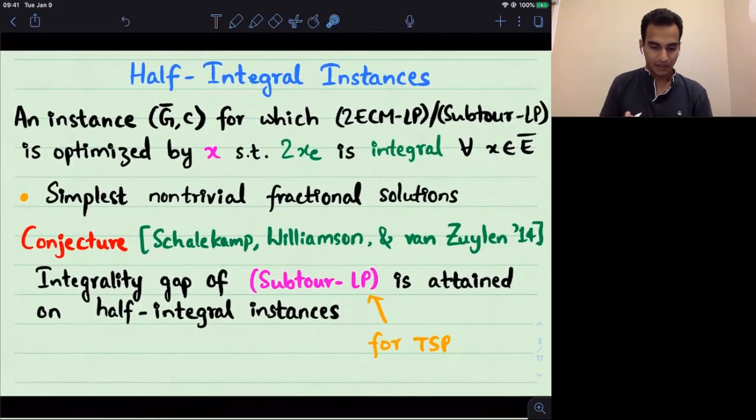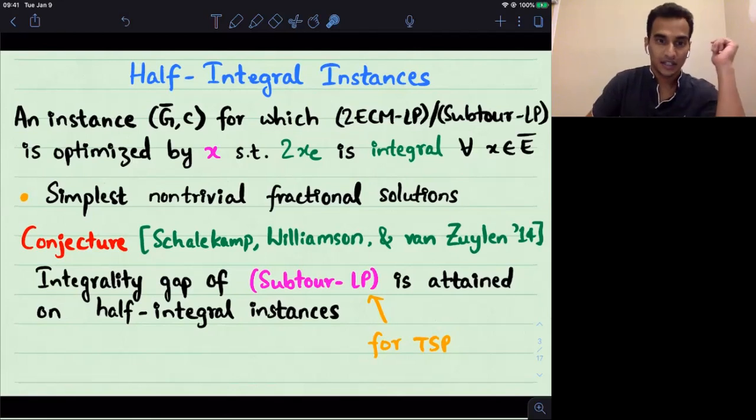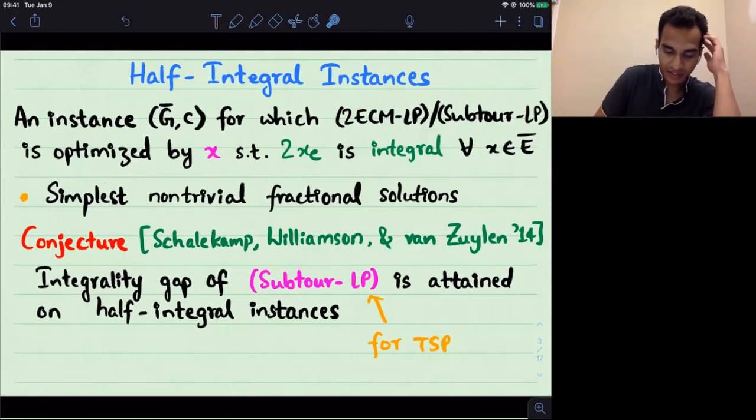In the title, we mentioned half-integral instances. An instance is called half-integral if the LP relaxation is optimized by x such that 2 times x is integral.